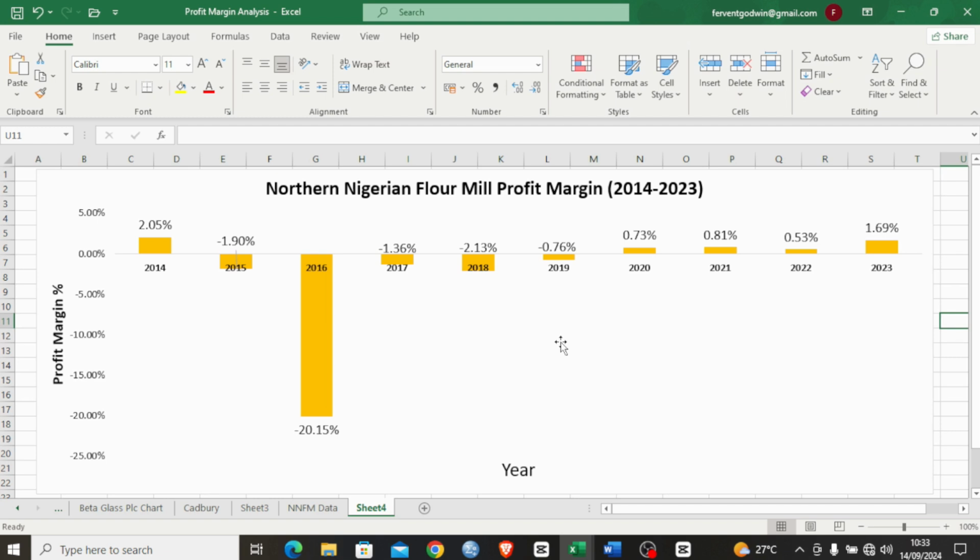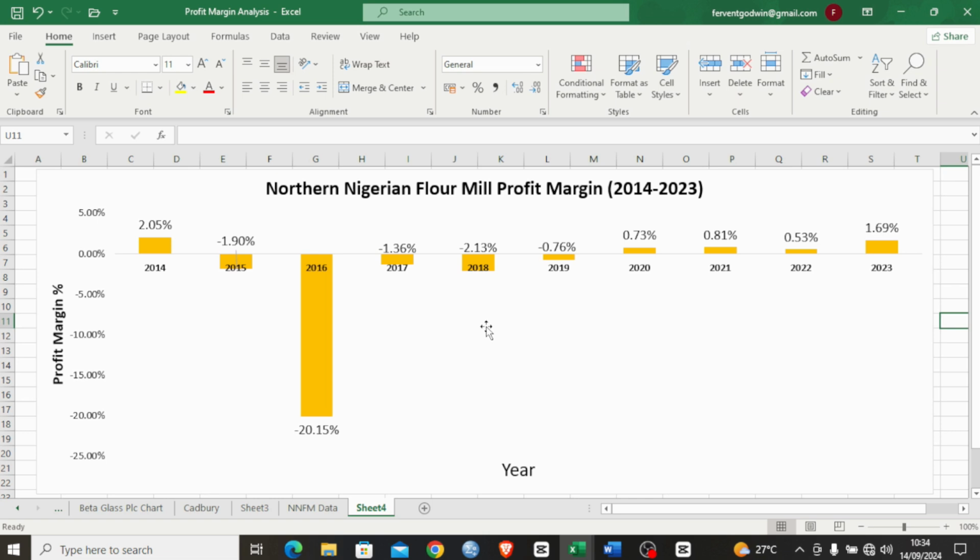Okay, so let's go into what our data right here is saying. First of all, I'll throw a little light on what the profit margin actually is. The profit margin is the difference between a company's revenue and their cost of goods sold, expressed as a percentage of revenue. It represents the amount of money a company retains as profit after accounting for the direct costs associated with producing and selling each product or service.